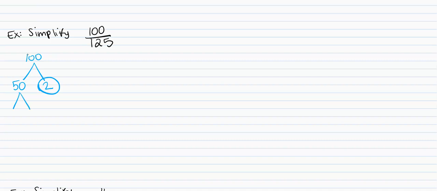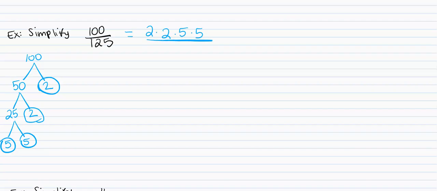However, 50 can be broken down to be 25 times 2. Circle my 2 because it's prime. I can break down 25 to be 5 times 5. So my numerator 100 is 2 times 2 times 5 times 5. Keep in mind, it doesn't matter which two factors you start from, you'll always get the same prime factorization.